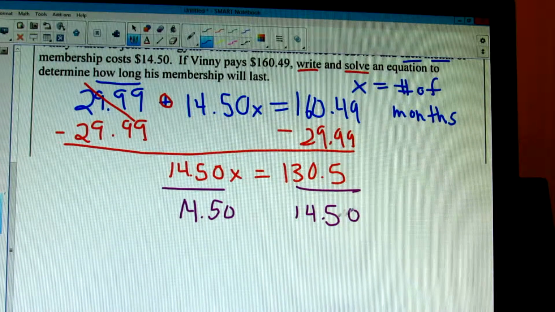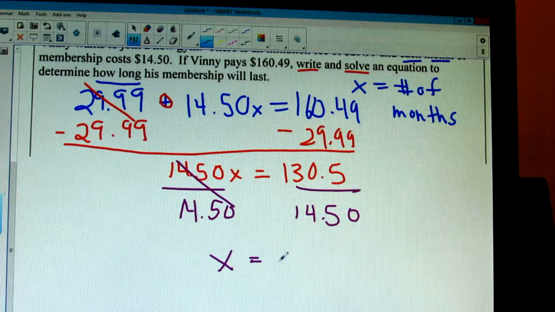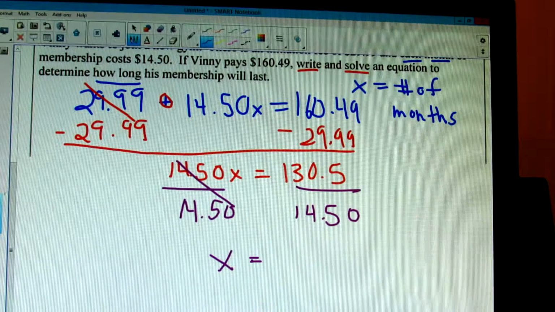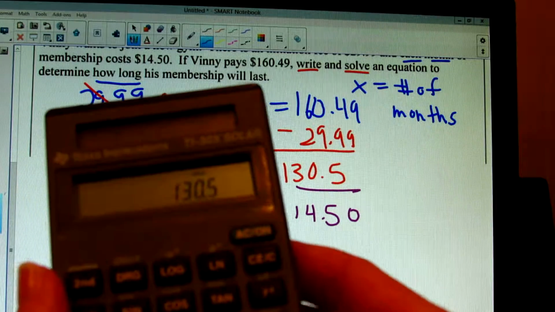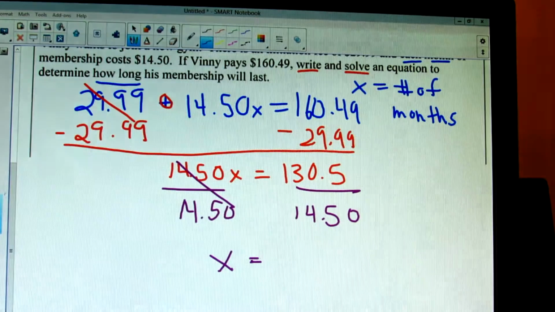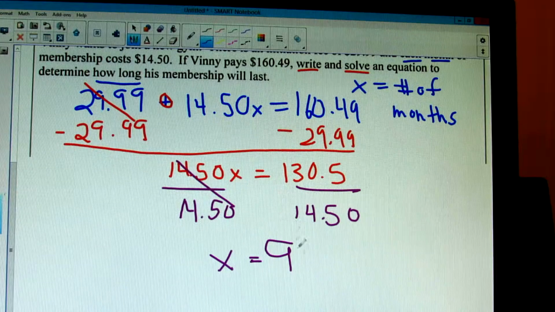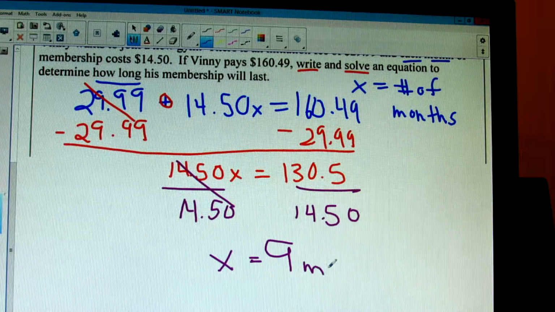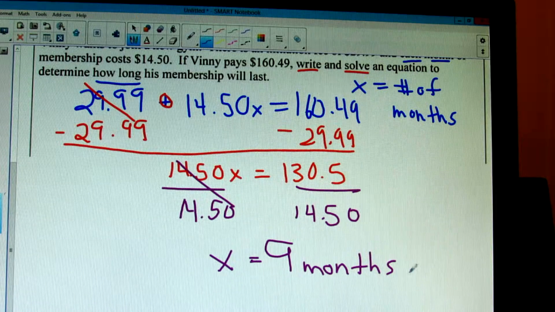Again, using our calculator to do this division. And I get, do I get exactly 9? 130.5 divided by 14.50. I get exactly 9. So in order to pay $160.49, I had to have gone to the gym for 9 months. Cool.